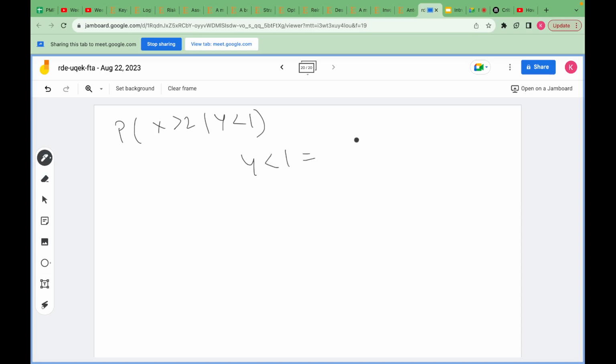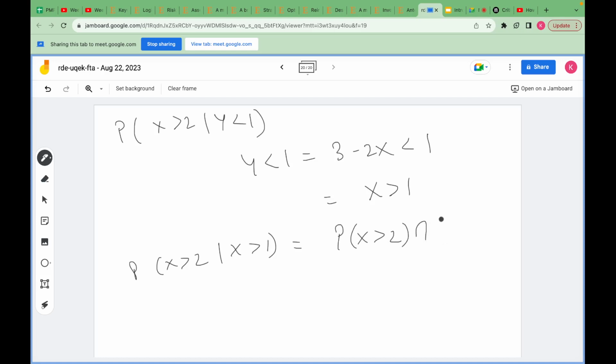Y less than 1 can be written as 3 minus 2x less than 1, which is nothing but x greater than 1. So the probability that x greater than 2 given that x is greater than 1 is nothing but probability x greater than 2 intersection x greater than 1, divided by probability x greater than 1.